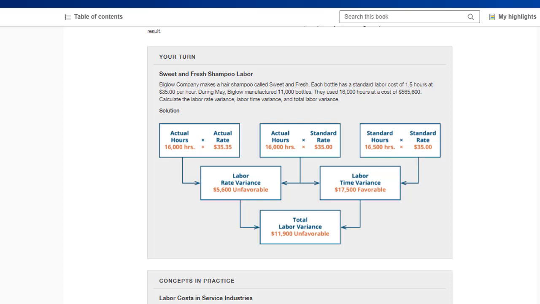So my original budget expectation prompted me to expect to spend $577,500. I actually spent less than that in total, $565,600. Thus, I underspent my budget. By how much?